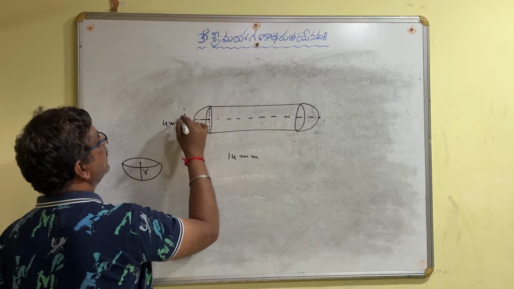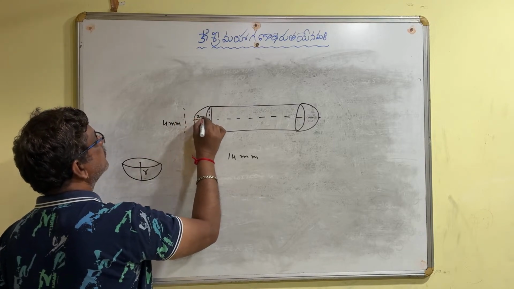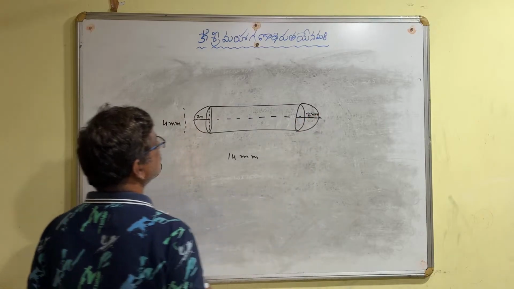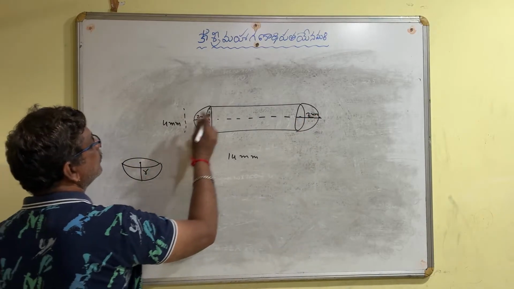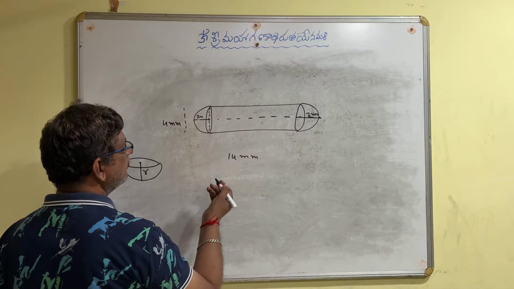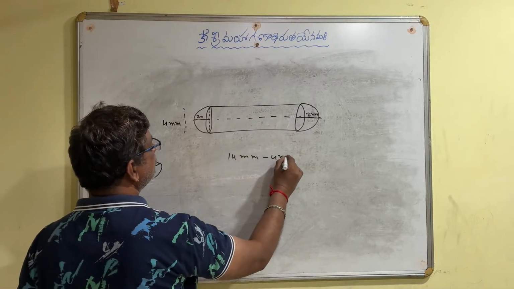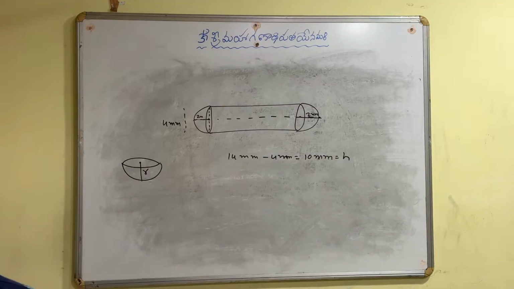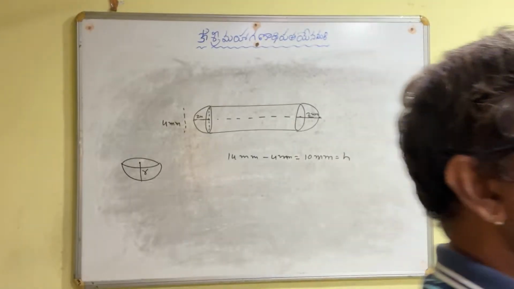Diameter is given as 4 millimeters. Now the radius will be 2 mm, and here also it is 2 mm. That means out of the total length of the capsule, we have to take out 4 mm. Remaining is 10 mm, the cylindrical portion. That is what you have to understand.